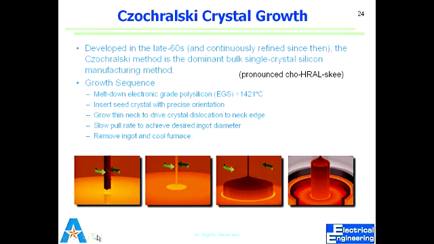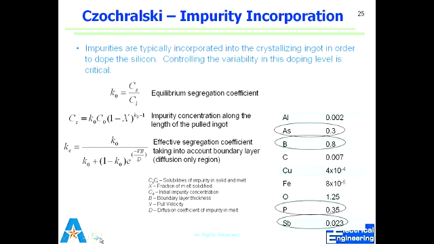We melt down silicon above 1421, insert the seed with precise orientation, grow a thin neck, and pull it out. Our pull rate defines the size of the ingot. Once we get it out, we break the neck, and we have the ingot for sawing and use.